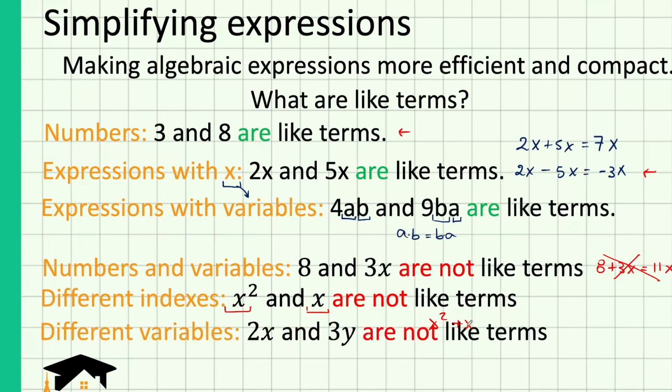And finally, different variables are not like terms. So again, if we have, for example, 2x plus 3y, there is nothing that we can do with this. This is not the same as 5xy. This would be wrong.